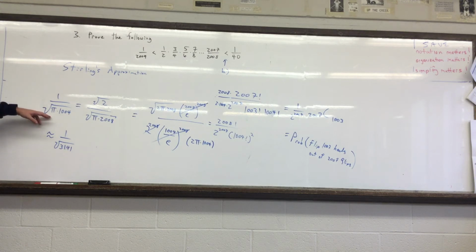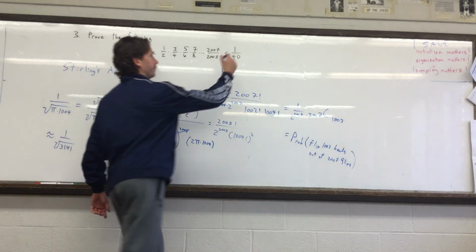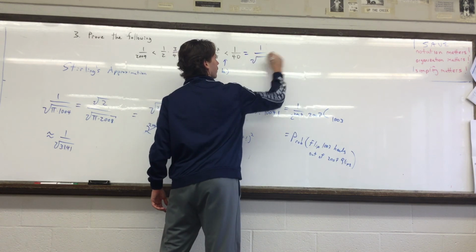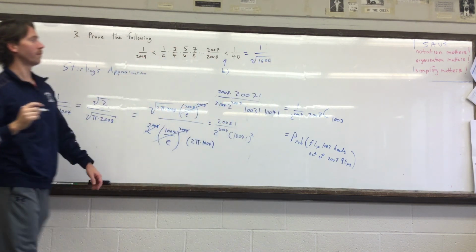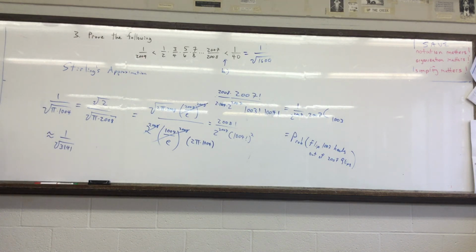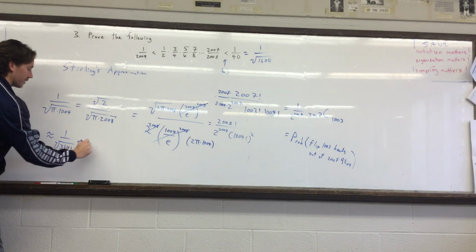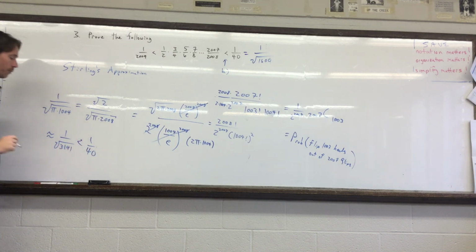Okay, so somewhat crude estimate, it's the square root of 3,000, square root of a number a little bit bigger than 3,000, and now, well, anyway, 40 squared is 1,600, so this number is definitely less than 1 over 40.